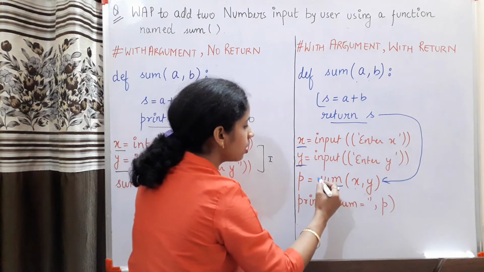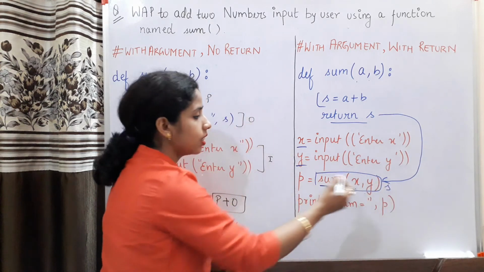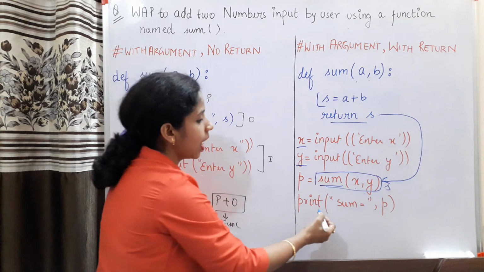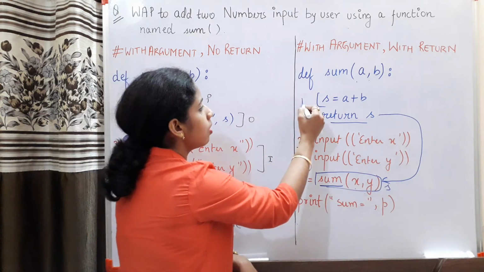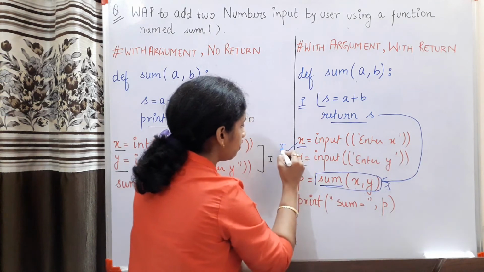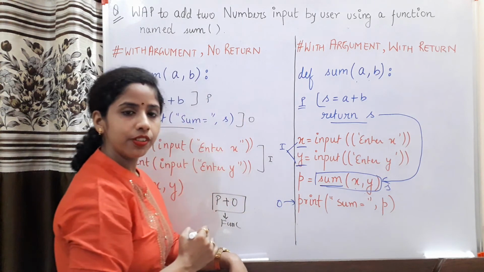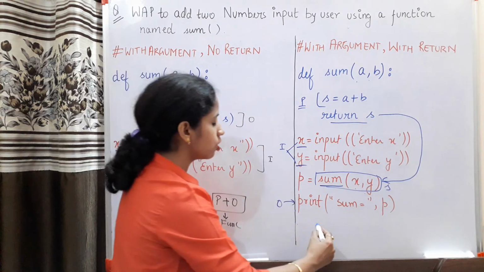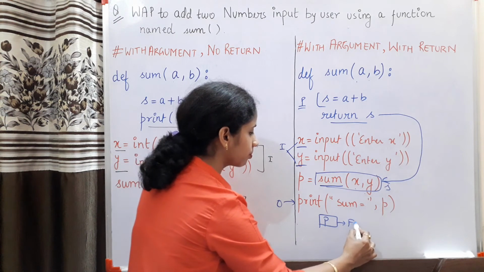So the statement will internally become p is equal to s, then s will be copied on p and the sum will be printed. So see, only the work of processing is done by the function. Input by main program, output by main program. So in this case the function is only performing the work of processing.